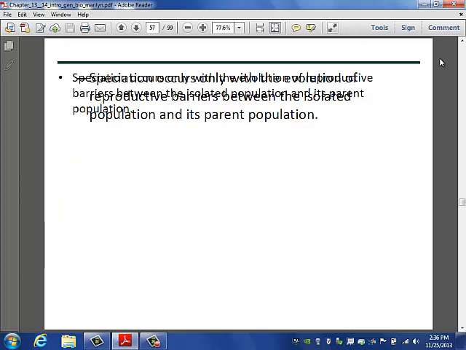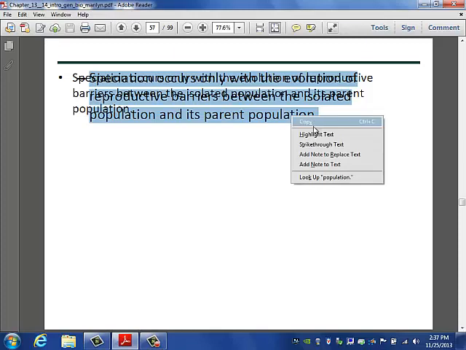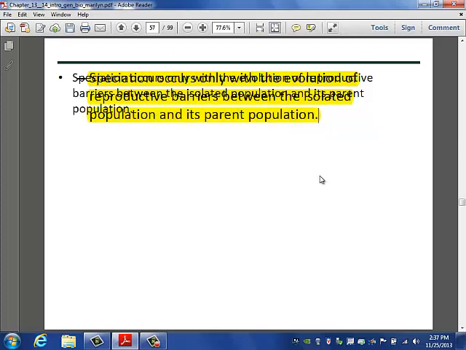I was wondering what that said. It talks about barriers between the isolated population. Maybe we can go in and separate them. No, that doesn't help.